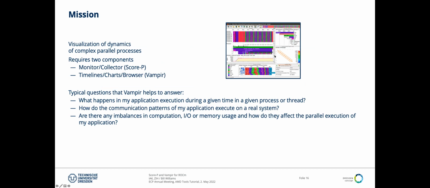So here we see the communication summary window and the function summary, and these are respectively a data transfer profile and a CPU time profile of whatever window is selected in the timelines.